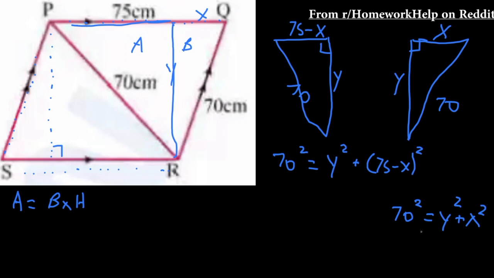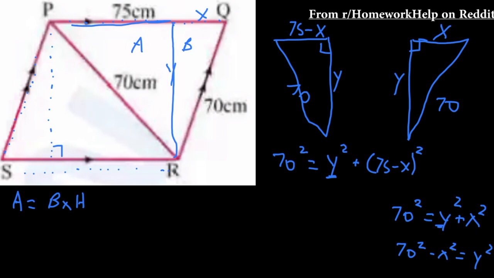What you'll notice here is that there's a y squared in one equation and a y squared in the other equation. So we can use this to substitute one into the other. I'm going to move the x squared across the equal sign. You're going to get 70 squared minus x squared equals y squared. All I've done is move the x squared across.